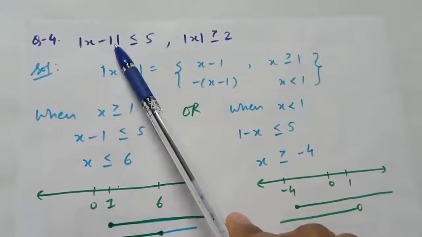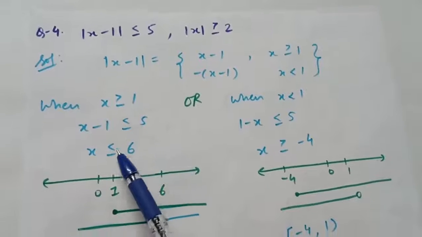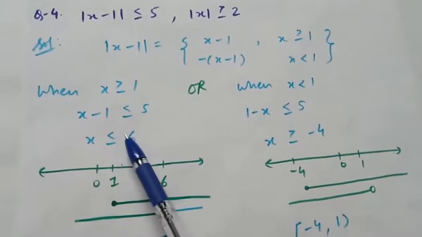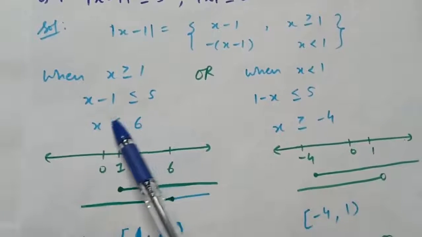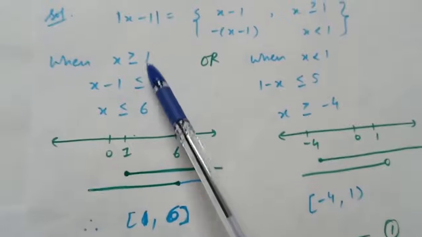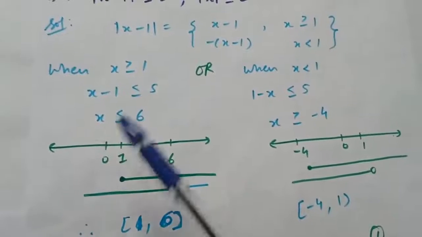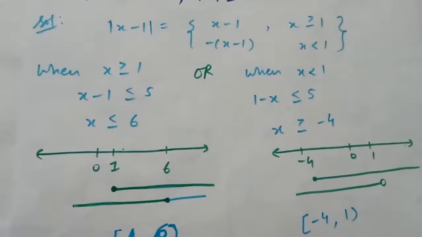Now we are taking the first case when x is greater than or equal to 1. So modulus of x minus 1 will be x minus 1, less than or equal to 5, so x is less than or equal to 6. Now we have to take this solution x less than or equal to 6 but in this range, because we have taken the case that x is greater than or equal to 1, right?